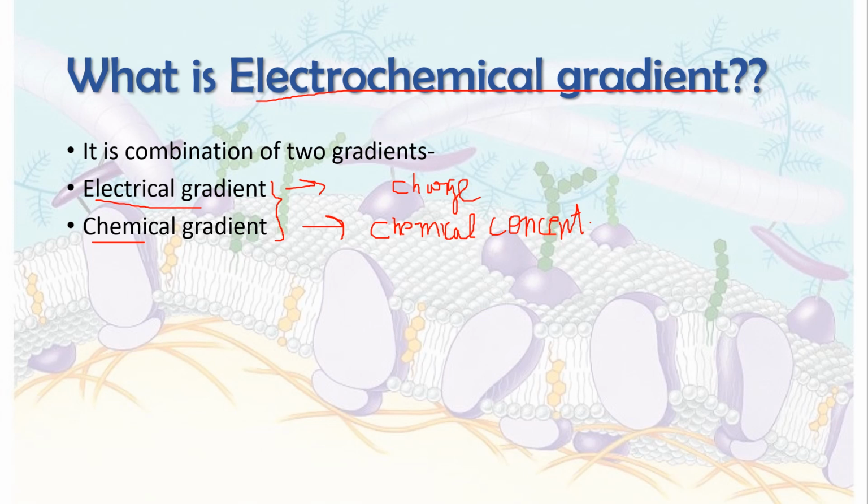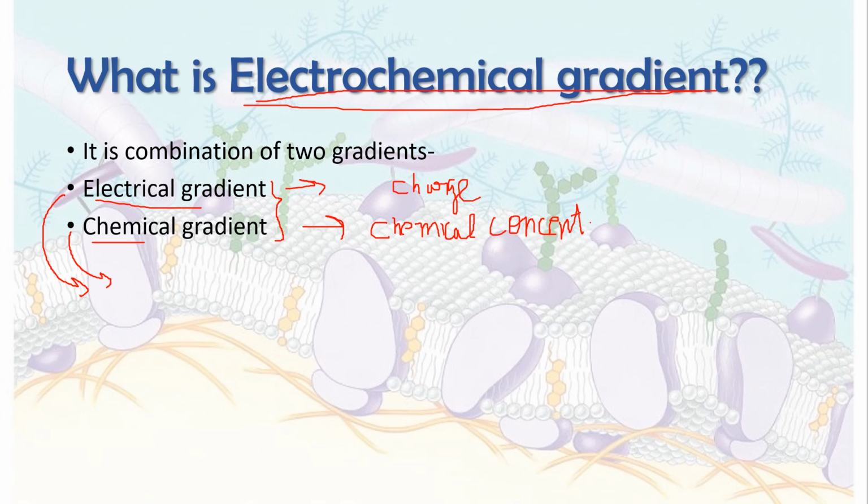So the first type is electrical gradient and the second term is chemical gradient. If we combine these two terms, it becomes electrochemical gradient. Okay.